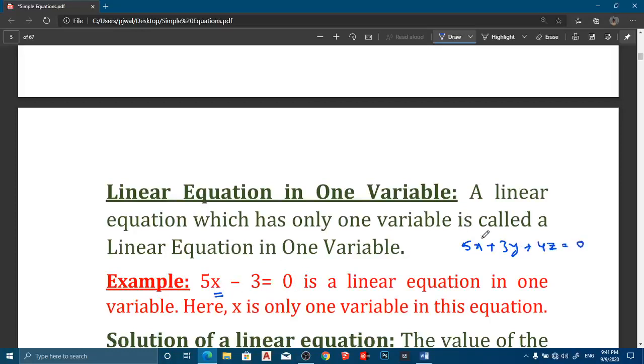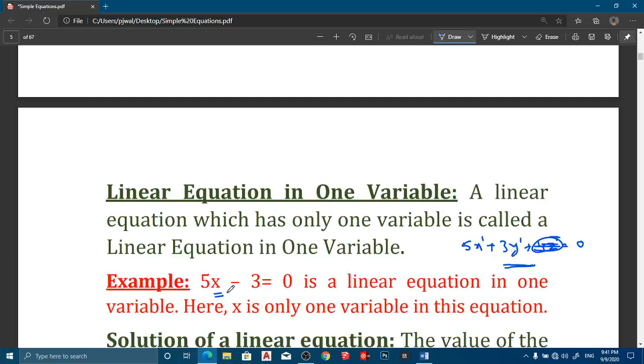Here, for every variable the power is only 1: x power 1, y power 1, z power 1. The maximum power of the variables is 1 here. This is also a linear equation, but with three variables, so it is a linear equation in three variables. If it is only like 5x plus 3y is equal to 0, this is called a linear equation in two variables.